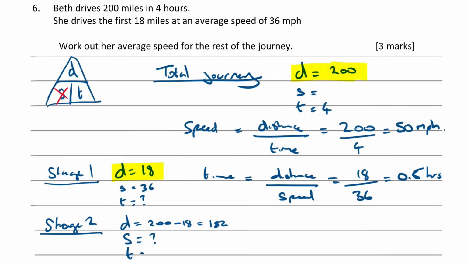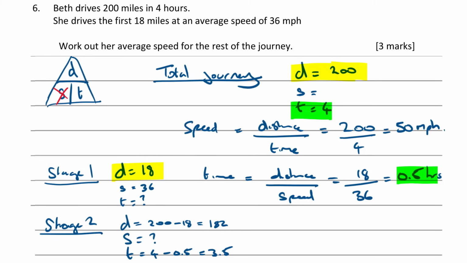Do we know the time? Well, again, we know that the time for the whole journey was 4 hours. We've just calculated the time for stage 1 to be half an hour. So that leaves us with 4 subtract half an hour. That leaves us with 3.5 hours then, doesn't it? For the second stage of the journey. Okay, and then we want to find the average speed of this part of the journey.